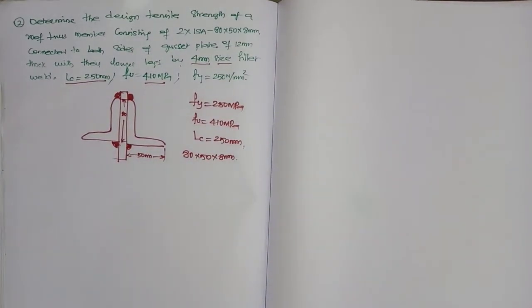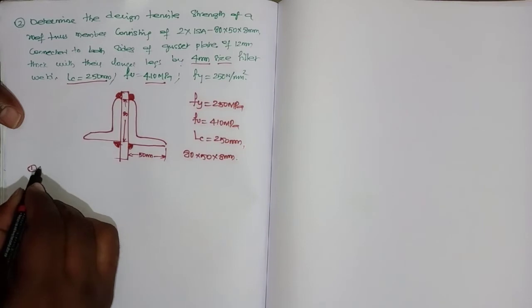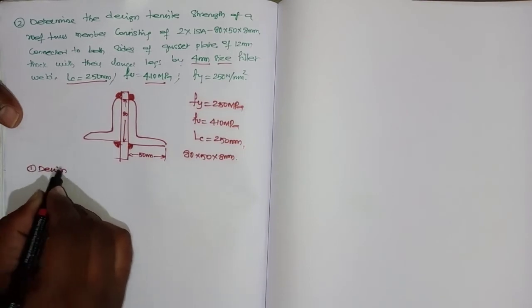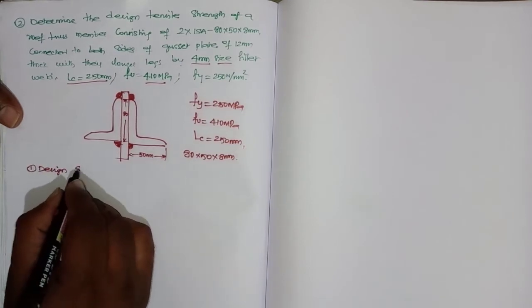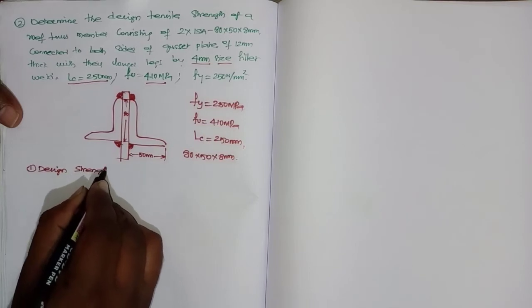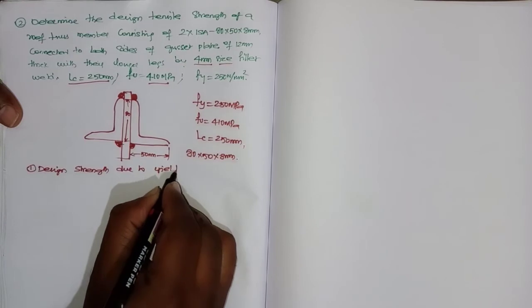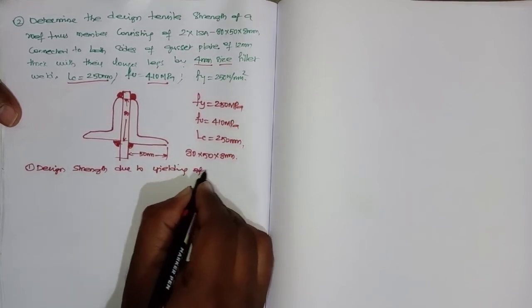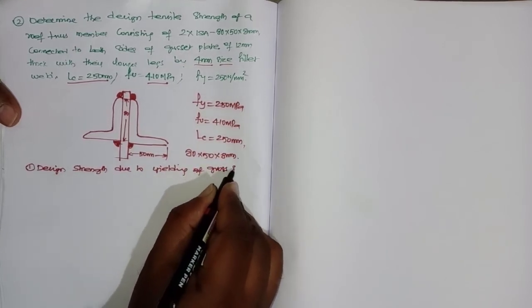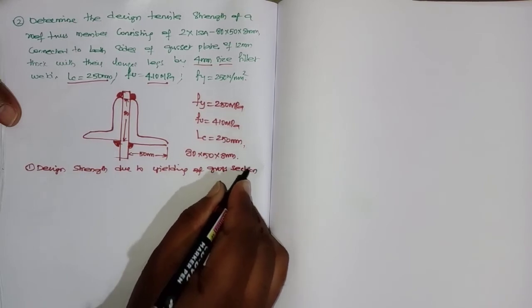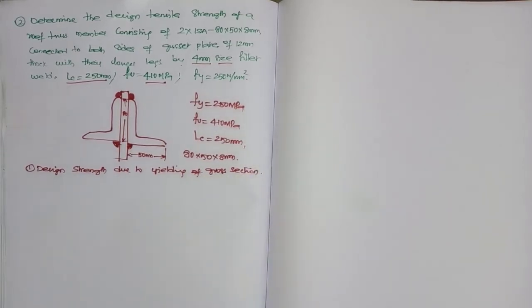Okay, so first, design strength due to yielding of gross section. Okay, yielding of a gross section.